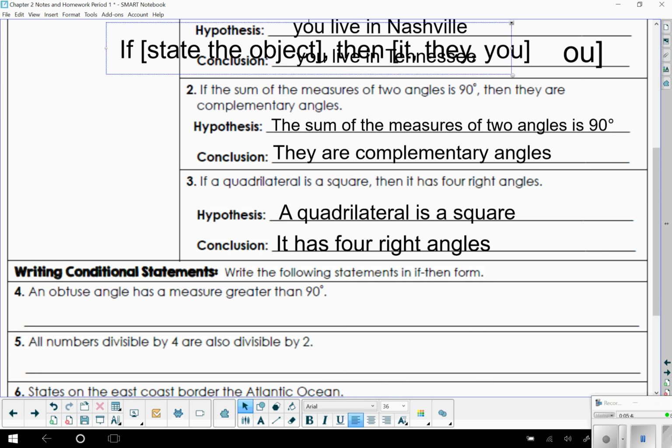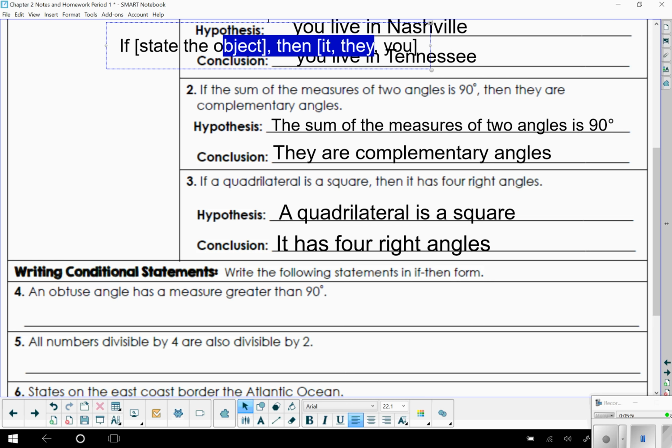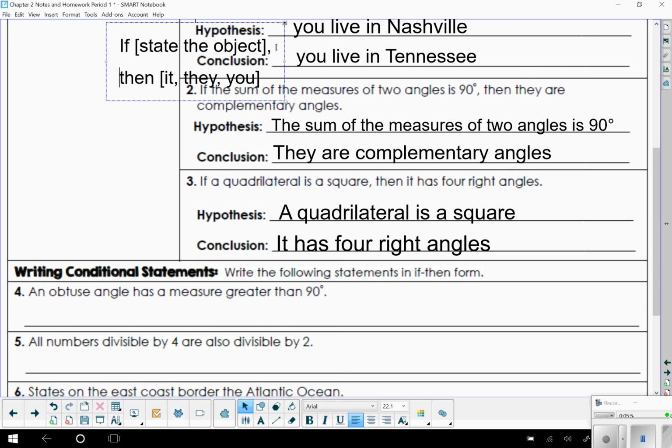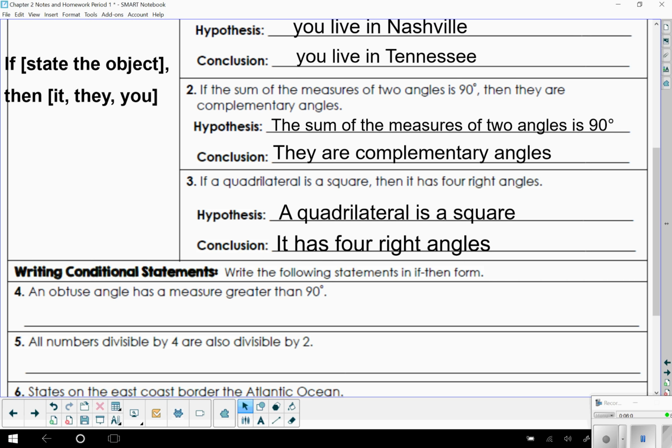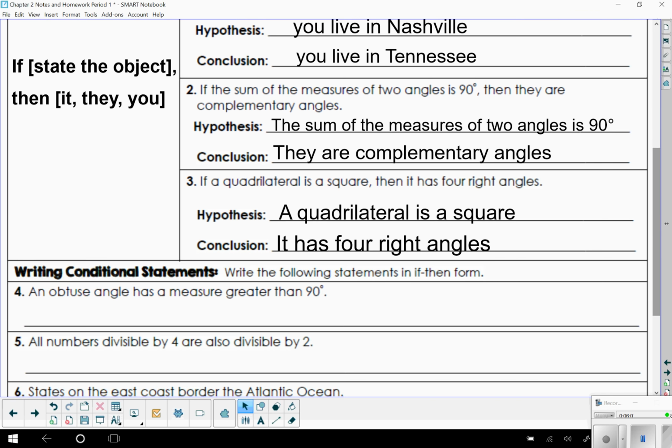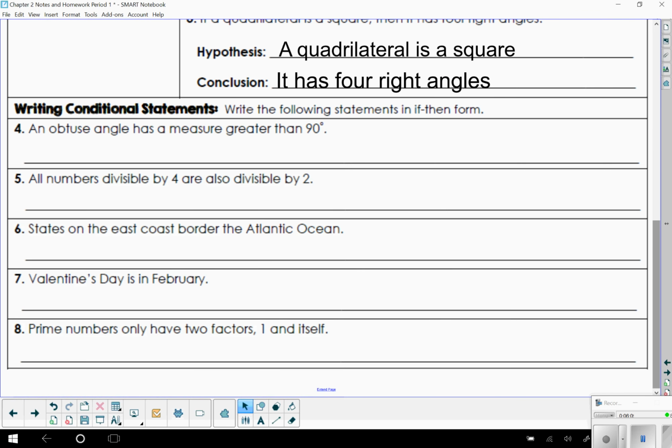So with that said, let's go down here and write these, like number 4. An obtuse angle has a measure greater than 90.